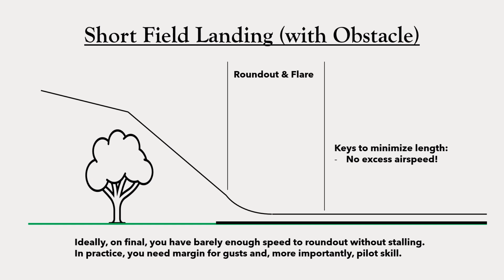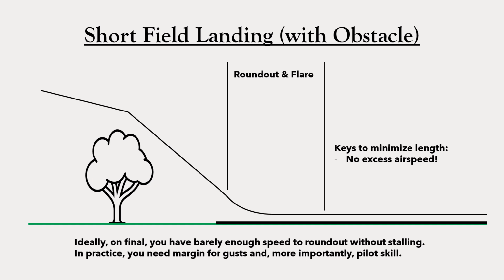In practice, you need a little margin. So gusts are one thing you obviously need margin for, but more importantly, none of us are perfect at maintaining our target speed. So we need a little margin to accommodate our pilot skill.